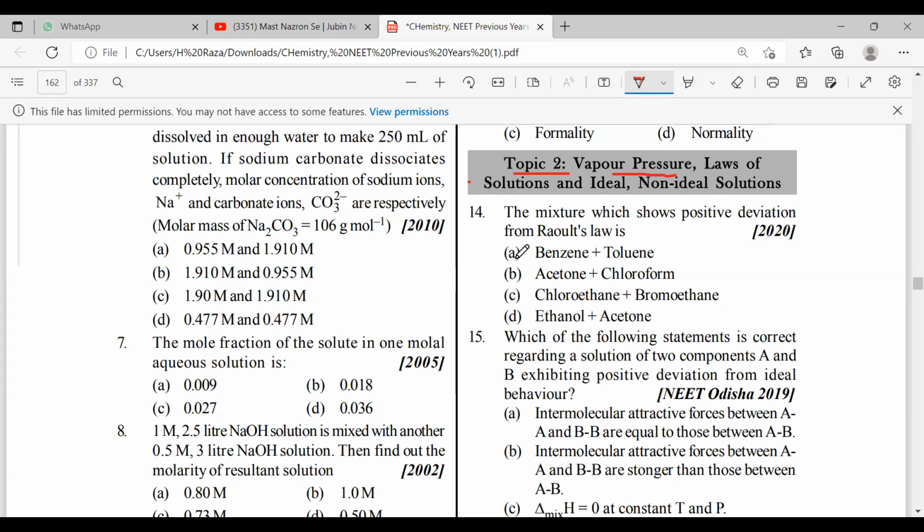Question number 14, you are going to attempt it.